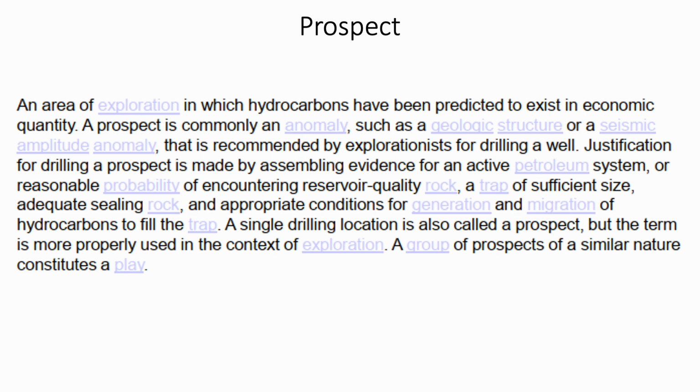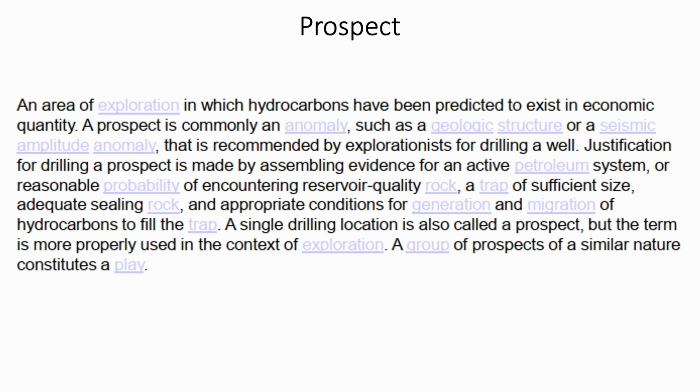Geologists analyze seismic data, looking for anomalies, unusual patterns that hint at hidden oil or gas reserves. To decide where to drill, they check for key signs: a good reservoir rock to store oil or gas, a trap to hold hydrocarbons in place, a proper seal to prevent leakage, and evidence of oil or gas migration.